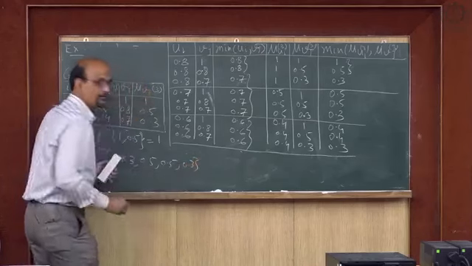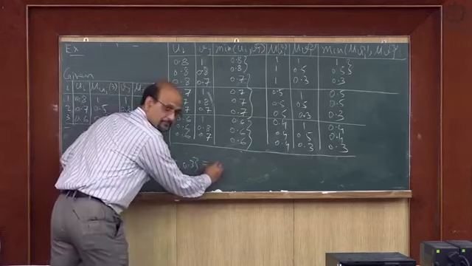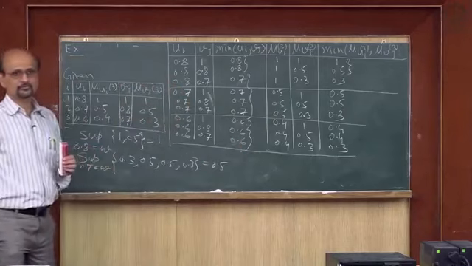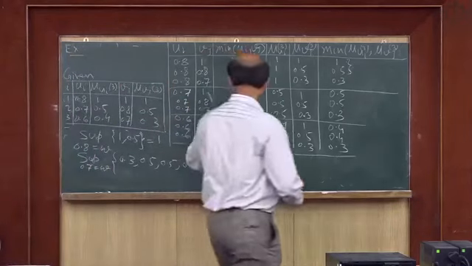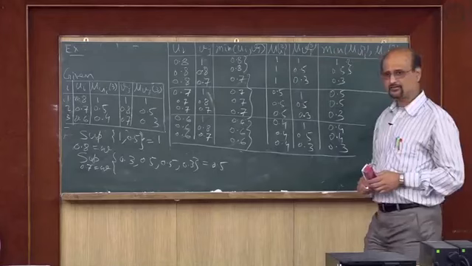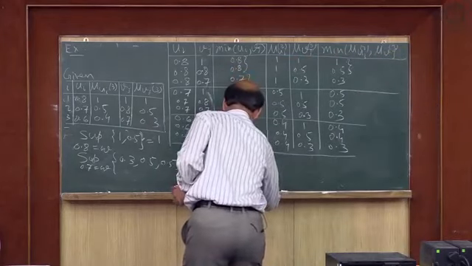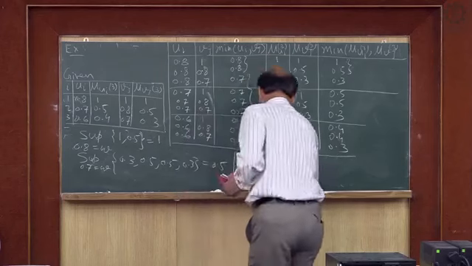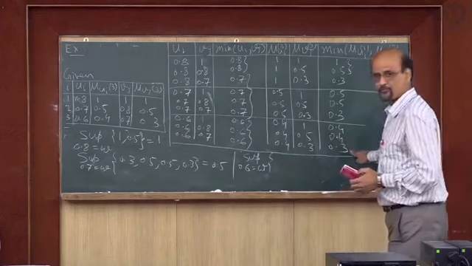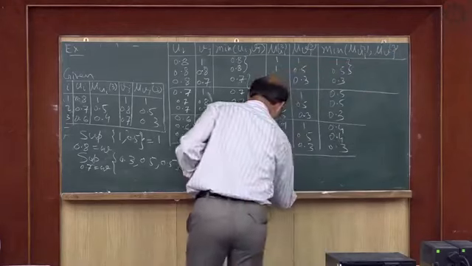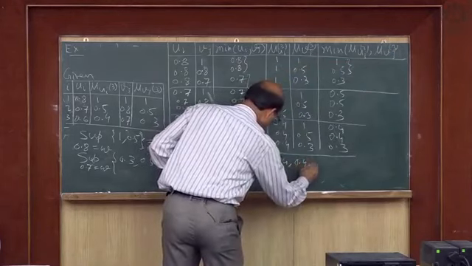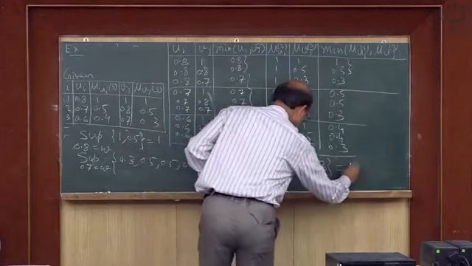What is the sup? 0.5. Okay? Only 0.6 remained now. So, that I can write as sup of 0.6 is equal to W, and 0.4, 0.4, 0.3, 0.4, 0.4, 0.3, and this is nothing but 0.4.